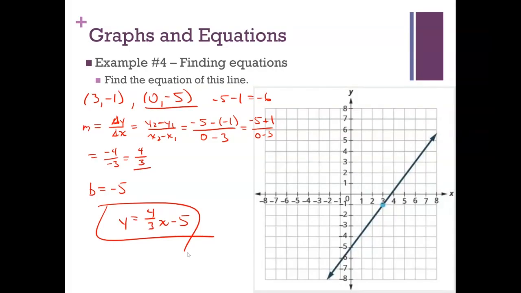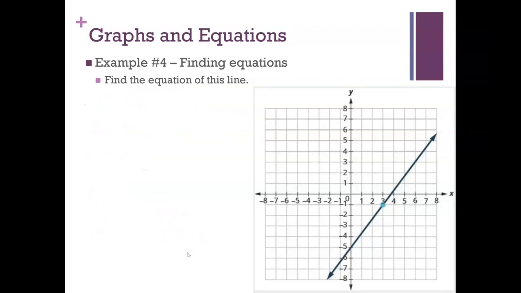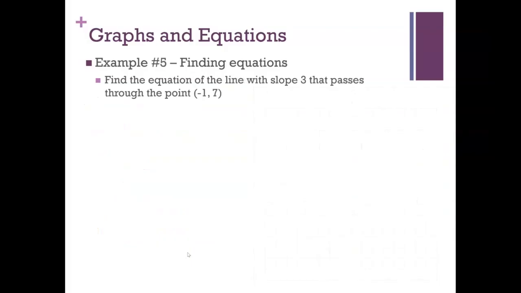So we've done a couple working from graphs now. Any questions on either one of those? Okay. So find the equation of a line. I'm giving you the slope, and I'm giving you a point.